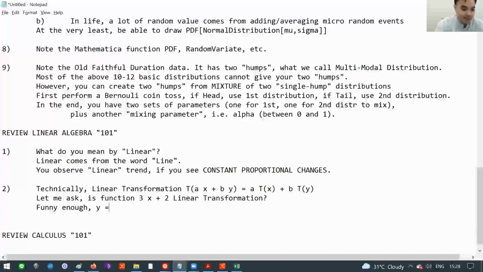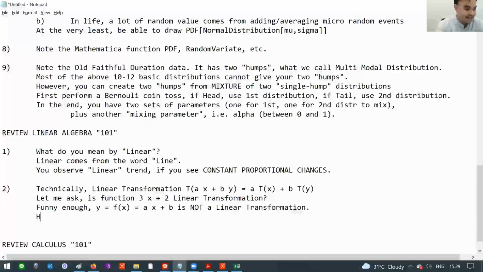Y equal to f of x, say, ax + b is not linear. It is affine.